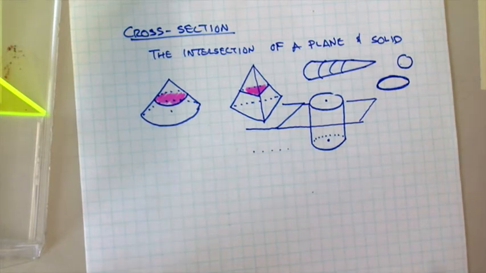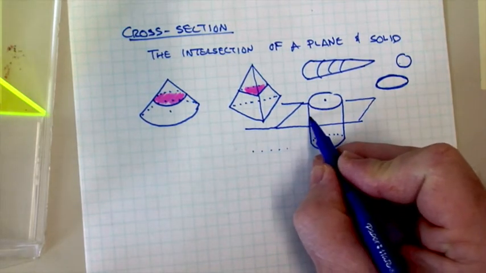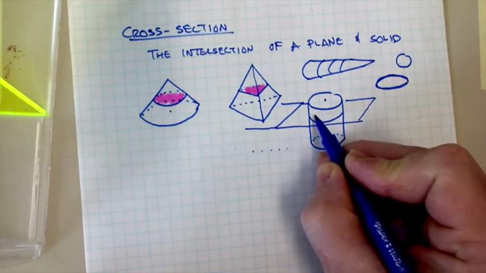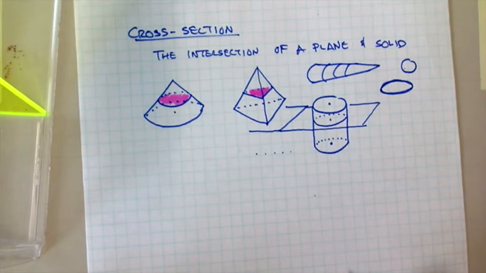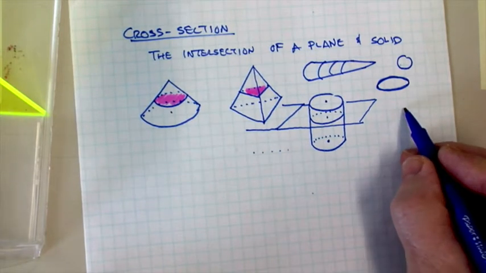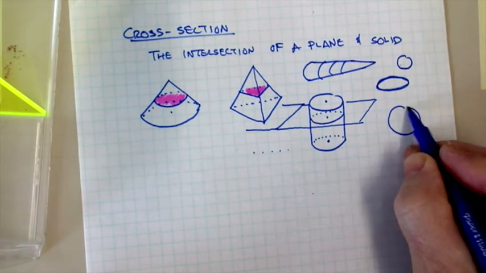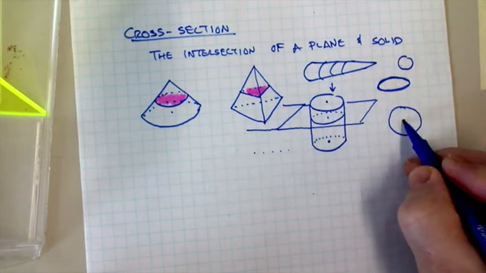Can you see what shape that would get? As I slice this off, if I was nice and parallel to both of those, I would just end up with a cross section. Now I'm looking at this down from the top, and I would just get a circle.